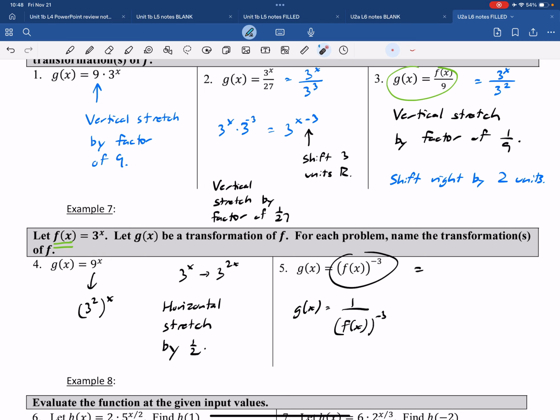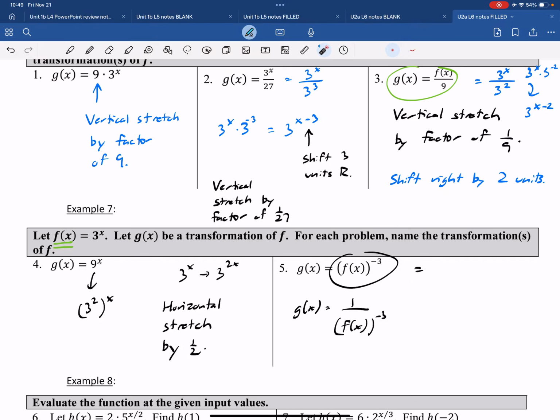So dividing by 3 squared, we could write that as, maybe I need one more step, 3 to the x times 3 to the negative 2. Then that becomes 3 to the x minus 2, so it's going to be a shift right. So it could be either of these two.